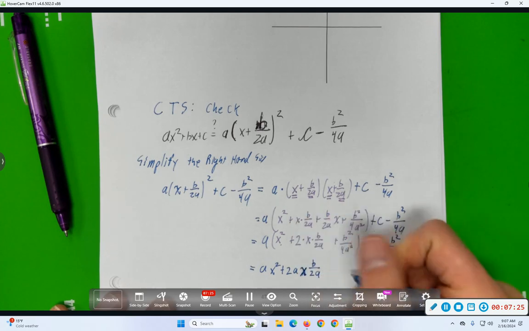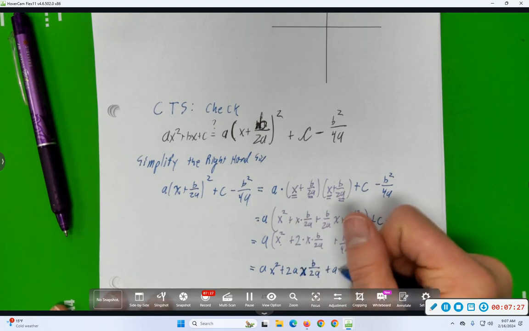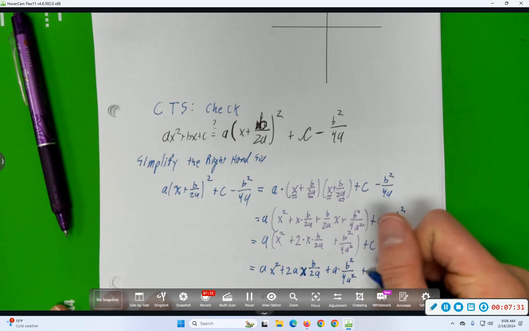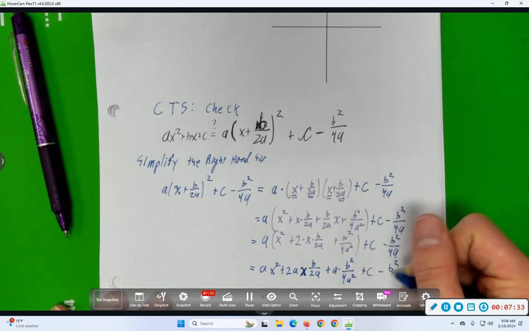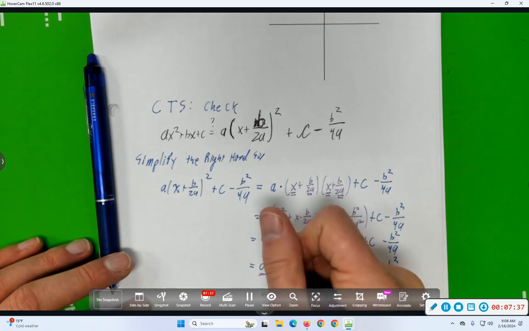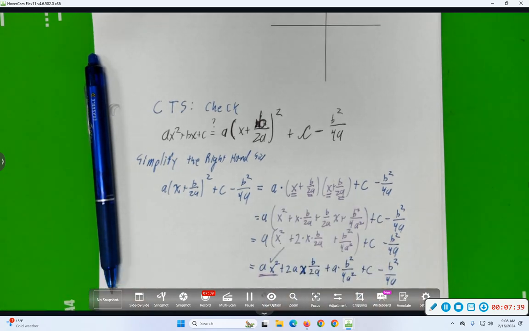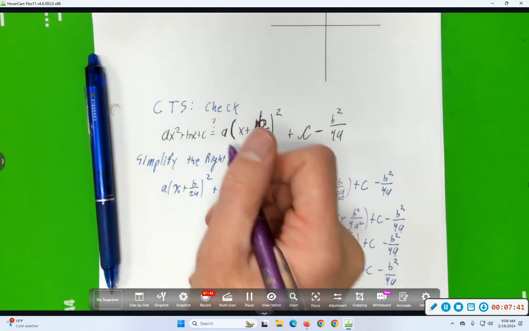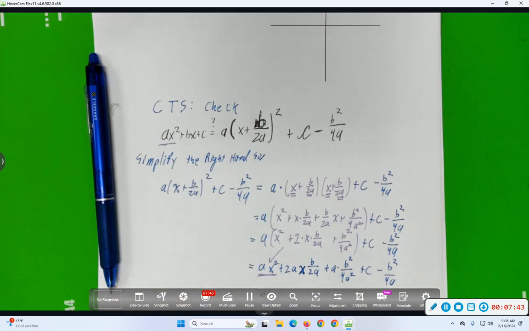Make those x's squiggly so I don't think they're multiplication, plus a times b squared over 4a squared plus c minus b squared over 4a. And one thing I see there that makes me happy, I like that ax squared because I want to see an ax squared. All right, what next?